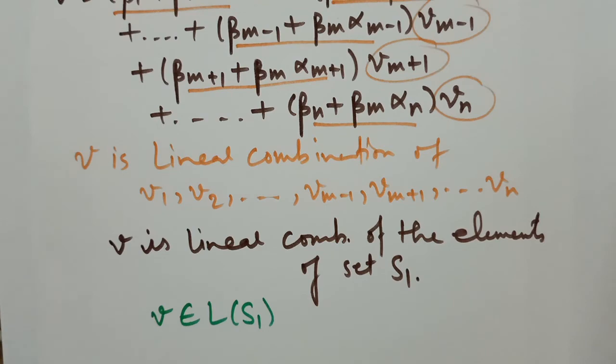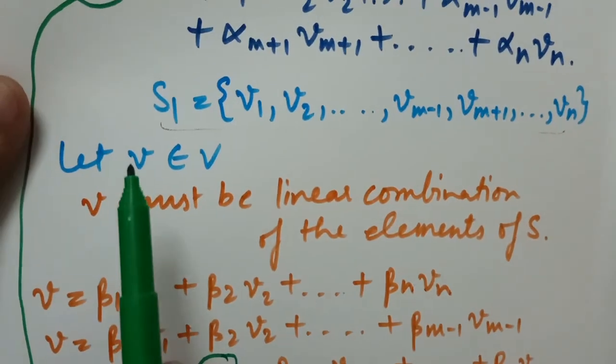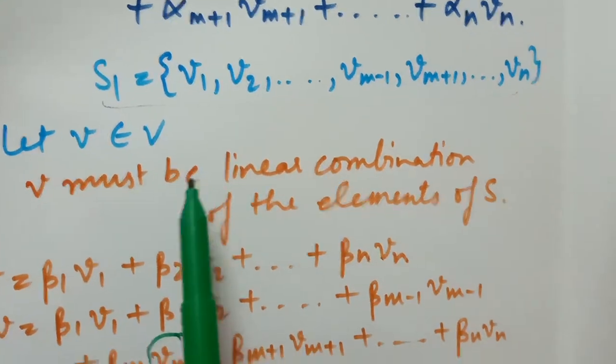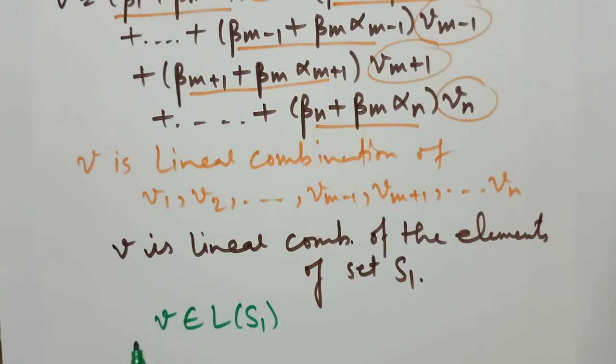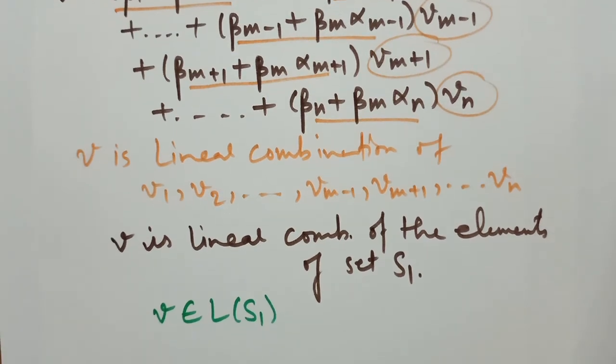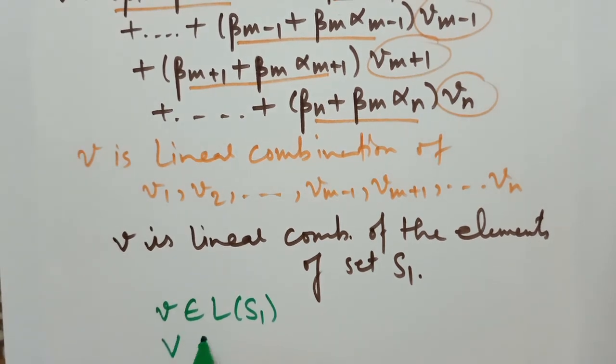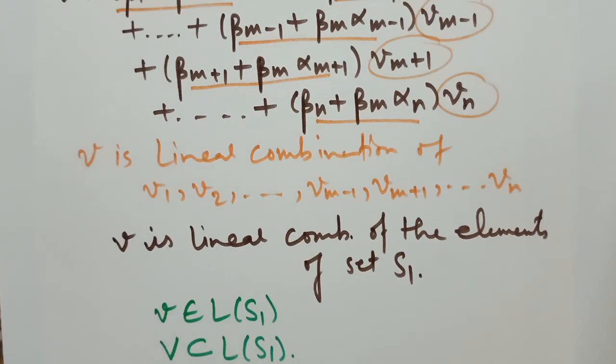Now we started with V as an arbitrary element belonging to the vector space and ended up with it belonging to the linear span of S1, so it clearly means that the vector space V is a subset of the linear span of S1.